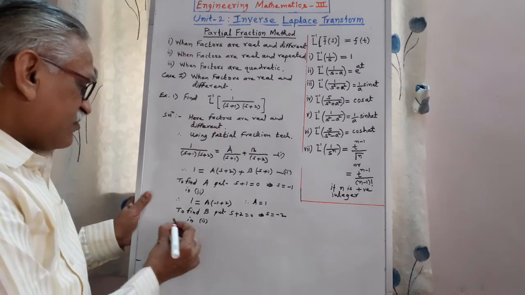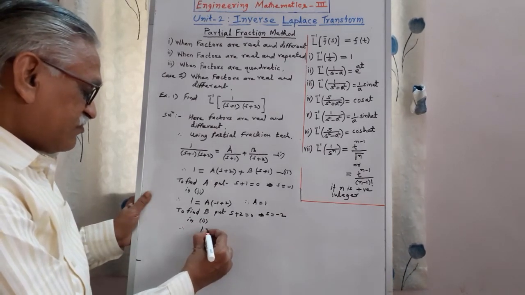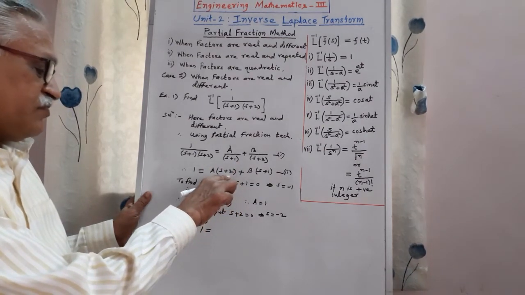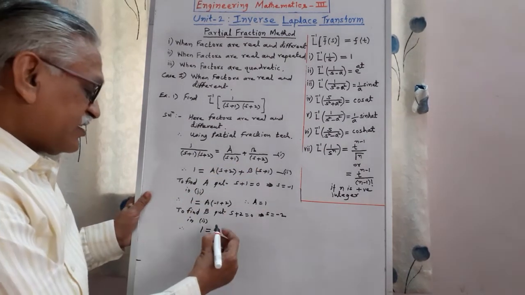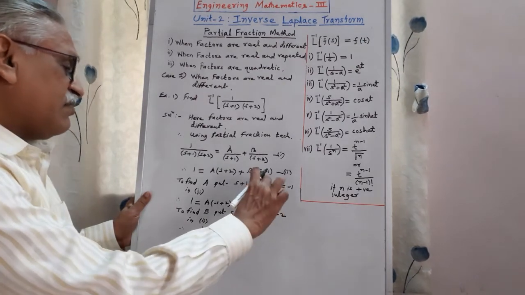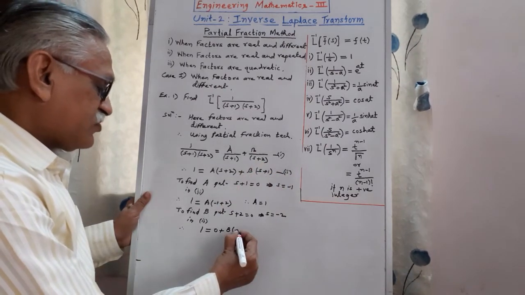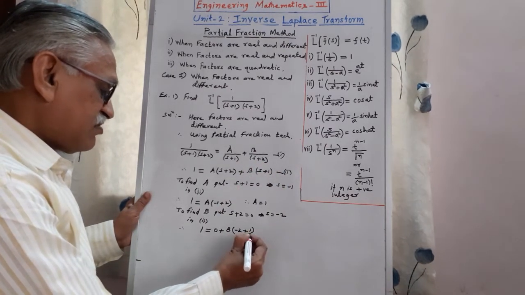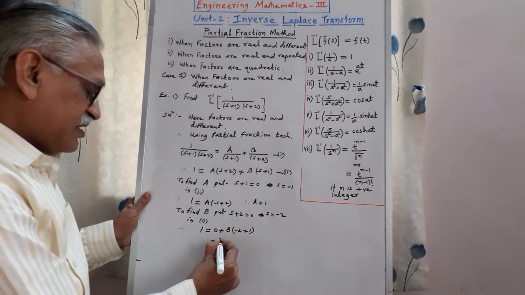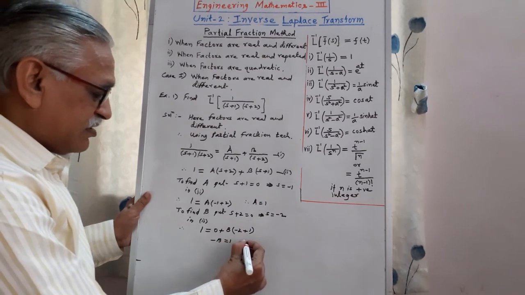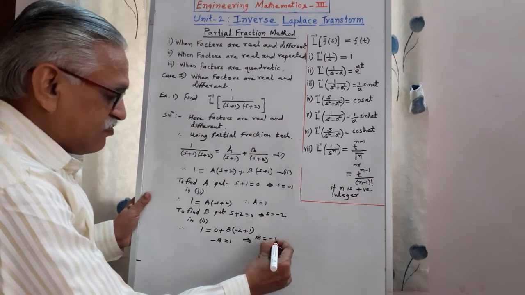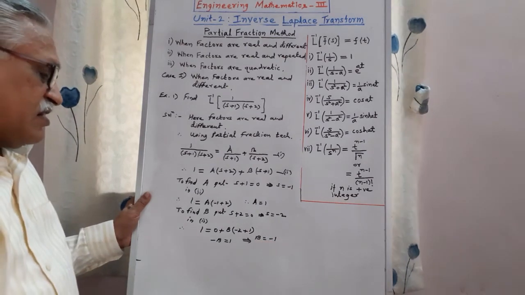We get, therefore, 1 is equals to, this becomes 0, and we get here B into minus 2 plus 1, we get this one as minus 1, therefore minus B is equals to 1. It implies B is equals to minus 1.